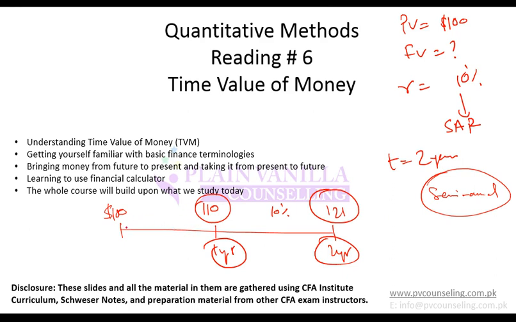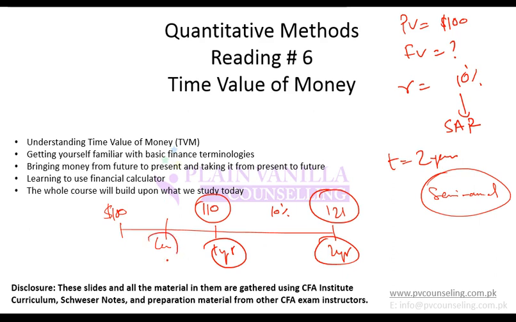So if I tell you that you are getting a return after 1 year and then you are reinvesting, or if I give you another option that you get the return in 6 months and then you reinvest for another 6 months, which one is a better option? If you are getting a return quickly, is it better, or if you are getting a delayed return, is that better? Getting it quickly is better because then you can reinvest it and get more return out of it.